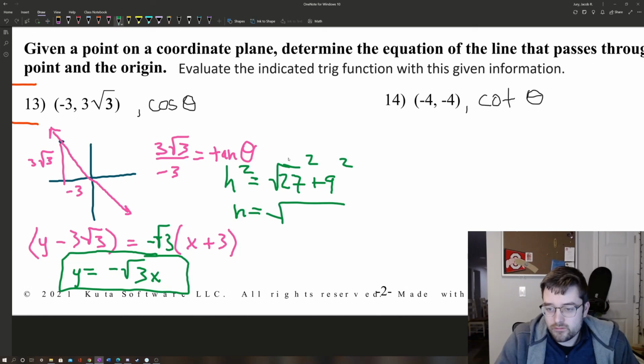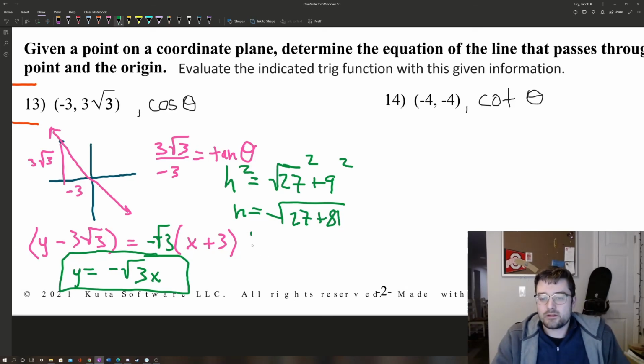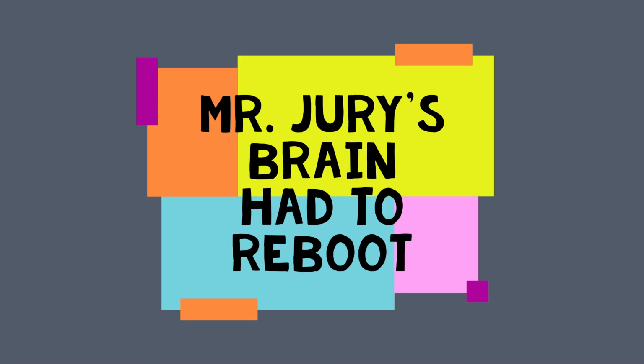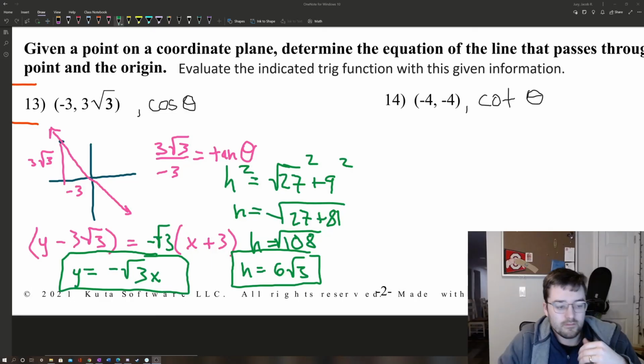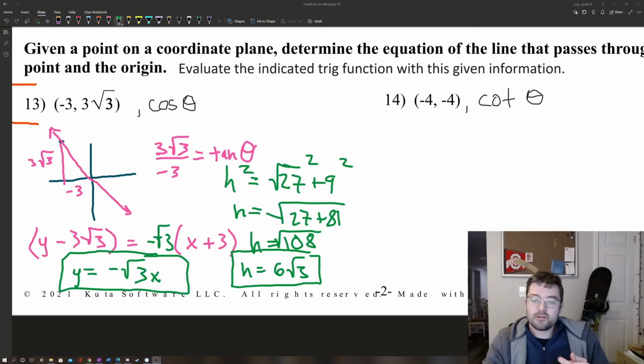Square root of 27 plus 81. What is that? There we go. So h is equal to radical 108, which there's a 36 in 108, and we can take out the 6 to simplify our h.